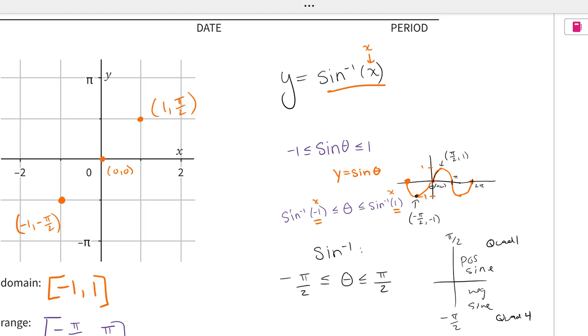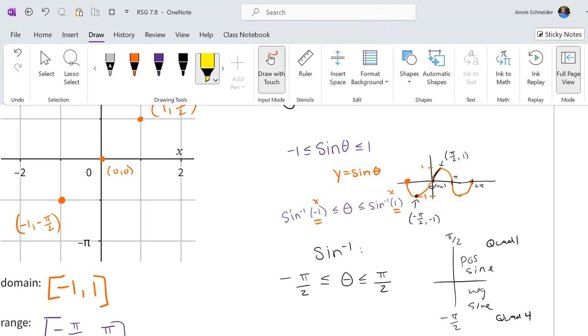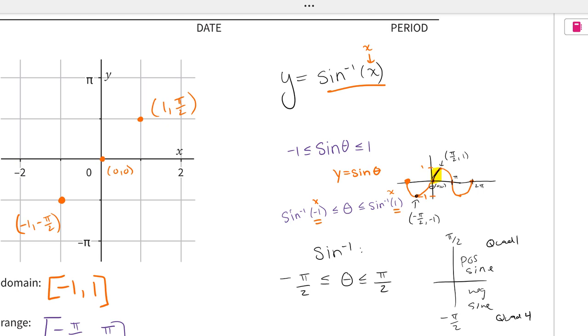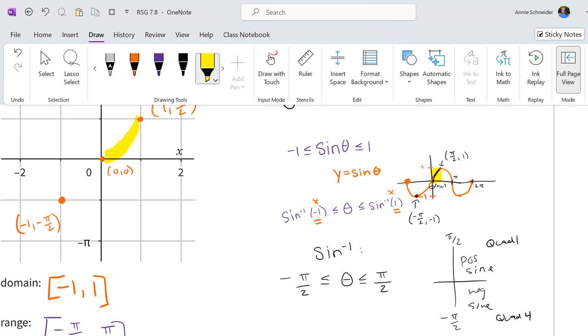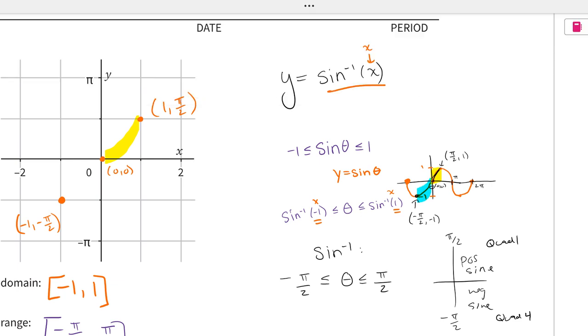So notice we're curving upward on this segment here. Let me highlight it. So that means it's an inverse curve there. It's going to curve the opposite way. And here, when we're curving this direction, that's going to create our curve.